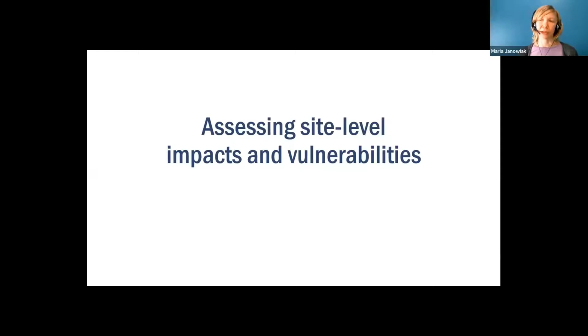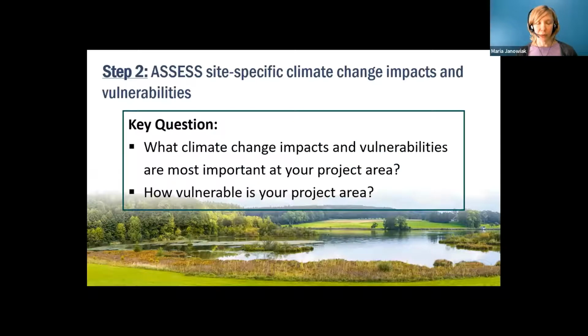All these things contribute to the uniqueness of your site, and you're going to have more information about that than anybody else. So we can't tell you how vulnerable your site is going to be. This is where you're going to put some of that filter onto it yourself. So again, in this step we're asking what climate change impacts and vulnerabilities are most important to your project area, and helping you think about how vulnerable it is overall.